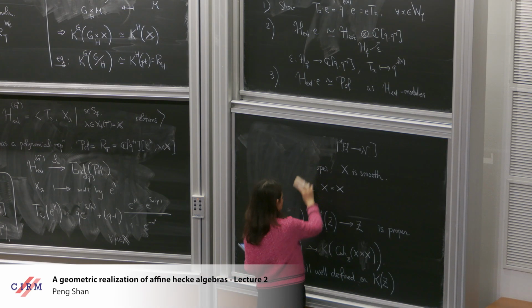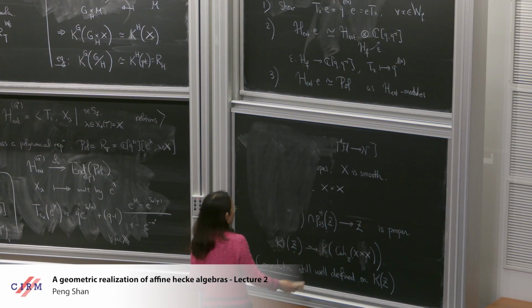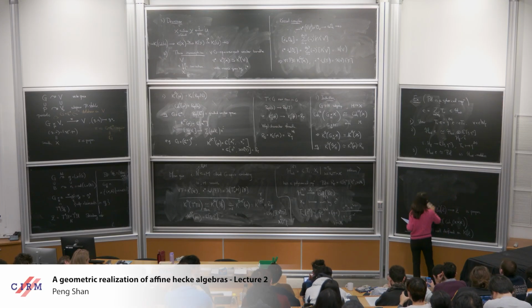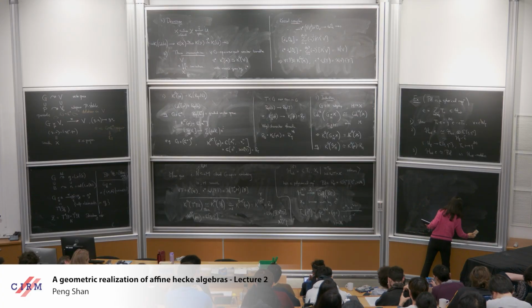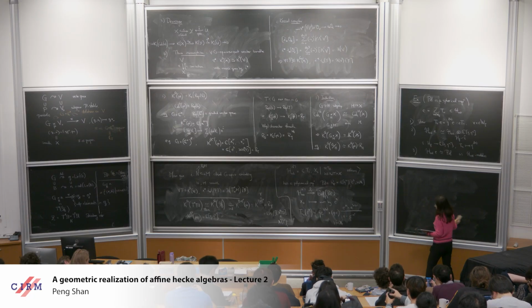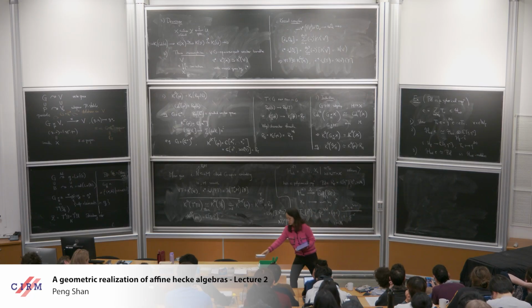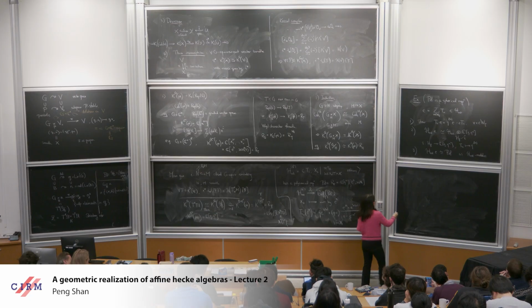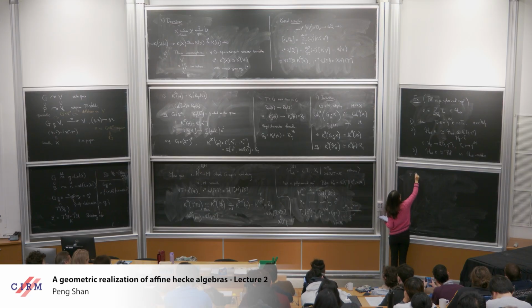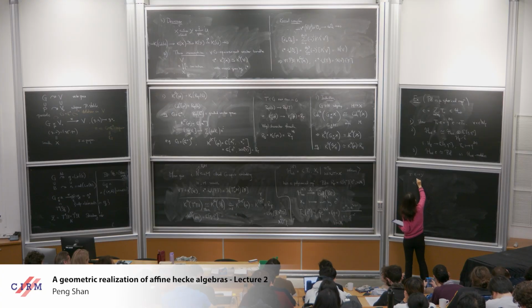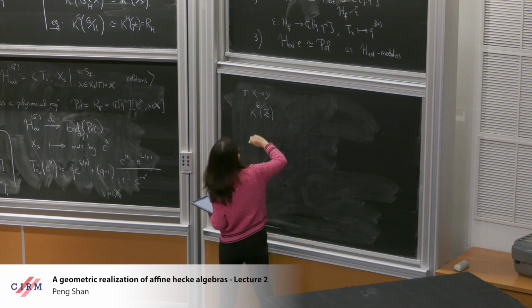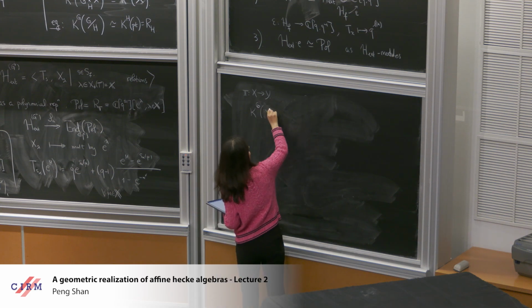So we have the polynomial representation, and I recall that when we were discussing these convolution algebras, I explained that when you have a map like π from X to Y, then we have this equivariant K-theory of this fiber product, so of this fiber product.